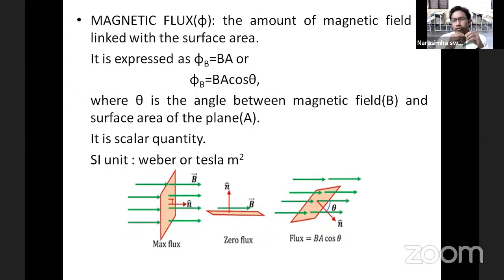Here is the same definition of magnetic flux: the amount of magnetic field linked with a surface area. Consider any magnetic material like iron, cobalt or nickel kept in a magnetic field.